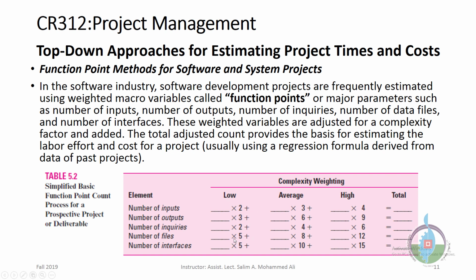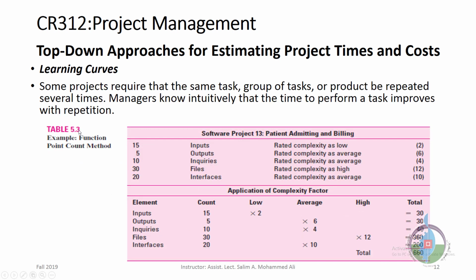If it's easy, low complexity, average complexity, high complexity. Each element has its own factors. At the end, this will give me a brief or simple estimate about the complexity of the project itself. Table 5.3 explains a simple software project for patient admitting and billing.